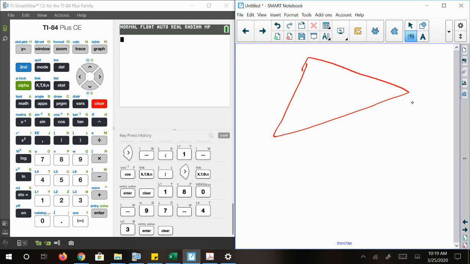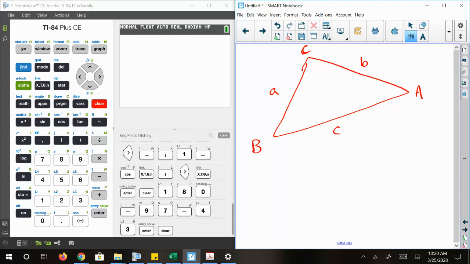I'm going to call this angle A, call this angle B, and call this angle C. The sides that are opposite those angles, I'm going to call them the lowercase of that. So I'll call this side A, this side little b, and this side little c.